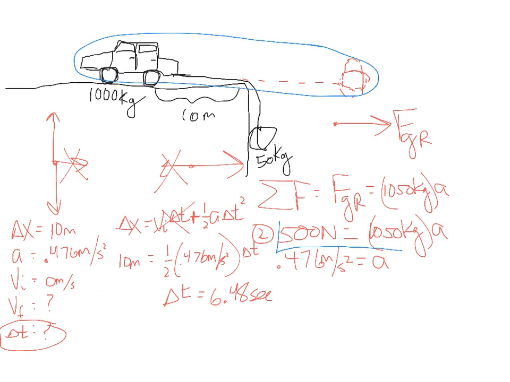I want you to look at the work that hopefully you already wrote down. This is what we ended up with in the final step. After combining the two equations, solving the one, substituting in the other, we still ended up with 500 newtons equals 1,050 kilograms times A. That's what it came down to. And again, it did that because this force and this force are a force pair that we lose.